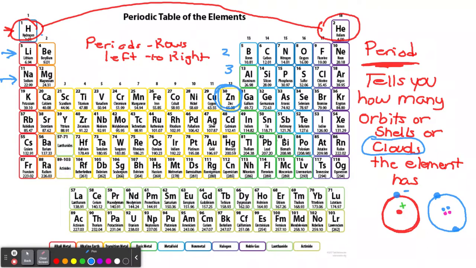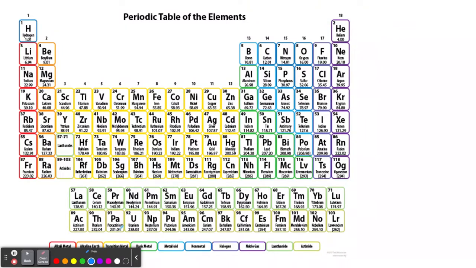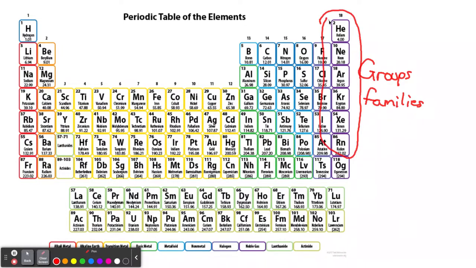Now, vertically, up and down, those are the groups. So let's clear this out. And the groups are families. So the groups are vertical, and they are the families. They share certain characteristics. For example, this group over here, these are the nobles. These are the noble gases.